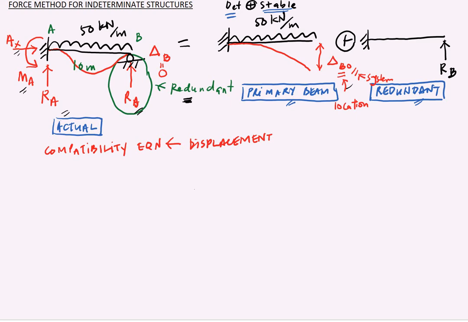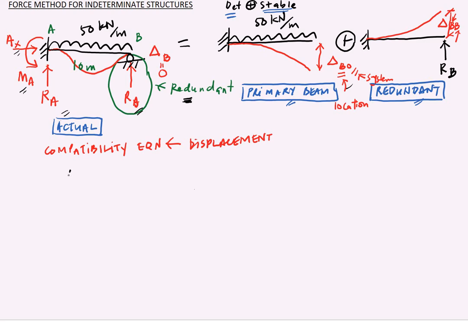And then for the redundant system, the deflected shape will go upwards because you are applying a load upwards. The displacement here is called delta BB. Again, the first notation is the location of the applied load, and the second notation is the second system, which is redundant at B.